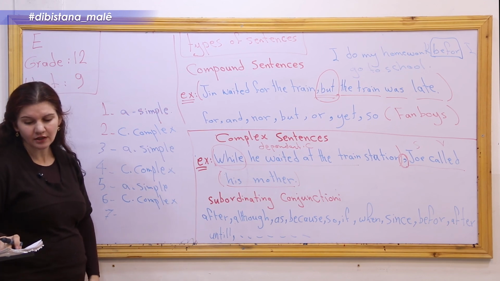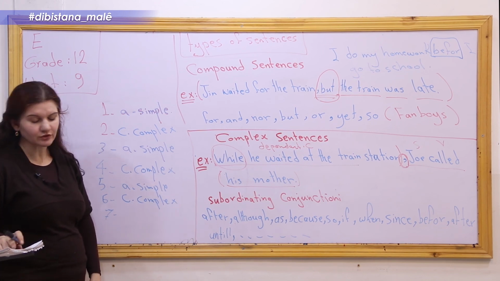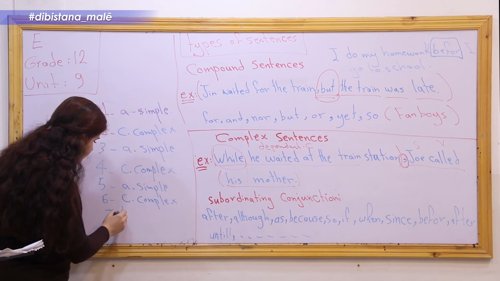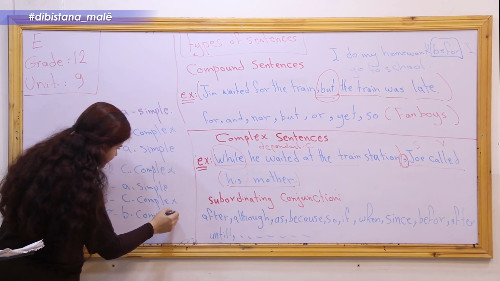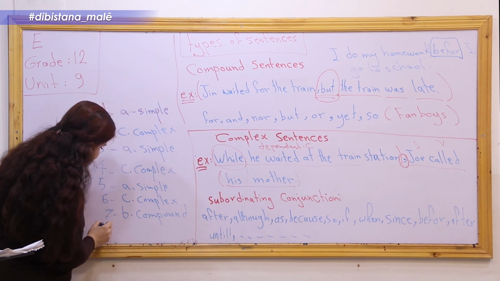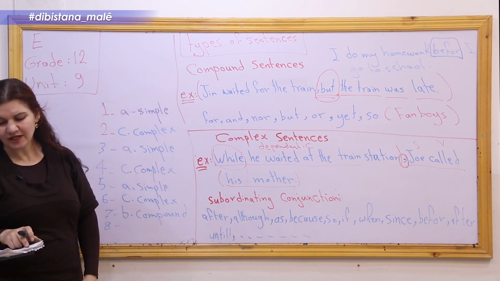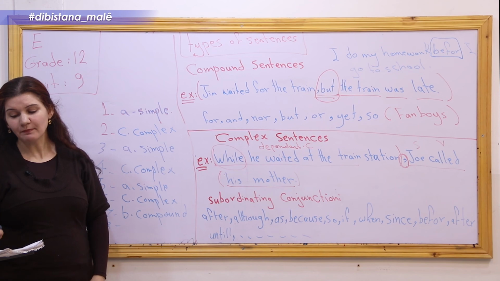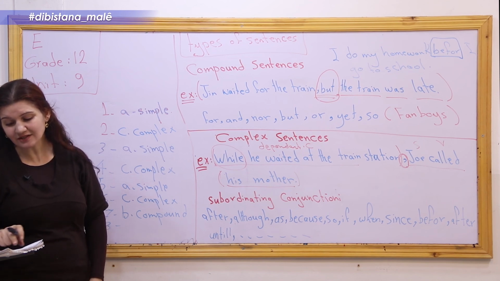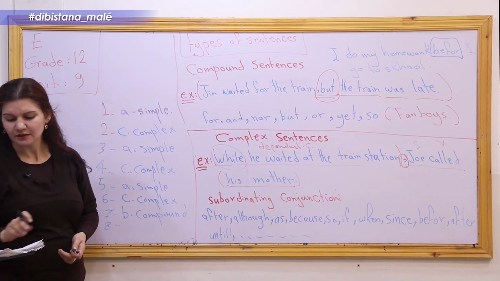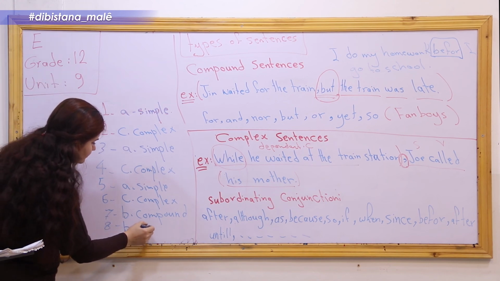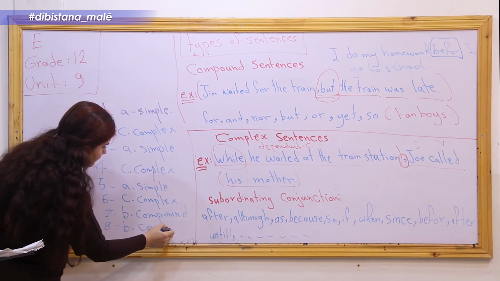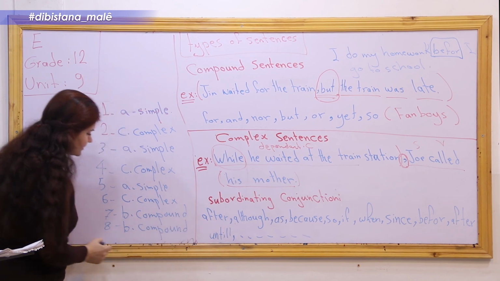But makes the sentence compound, which means B. Compound sentence. Number 8. Jamal wants to go to the movie, but he doesn't have enough money. These are compound, B. Compound sentences.